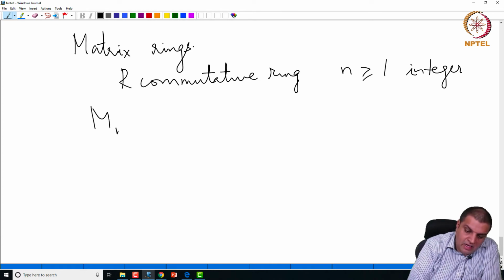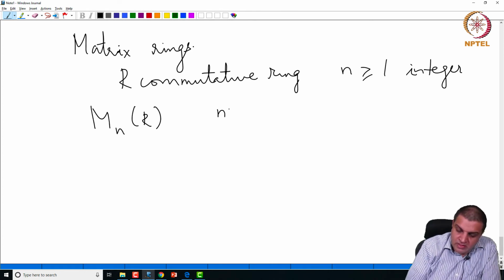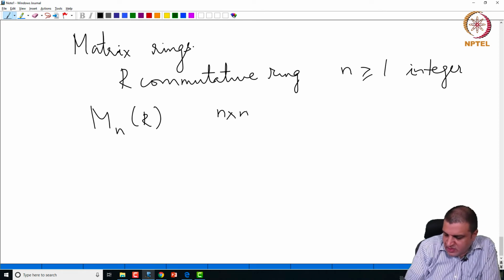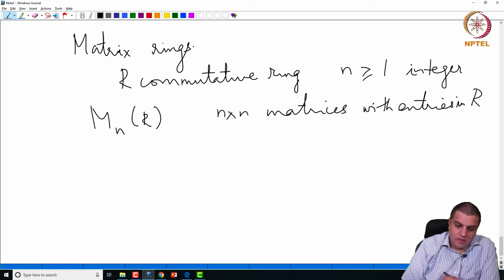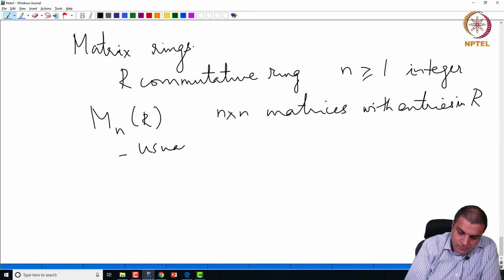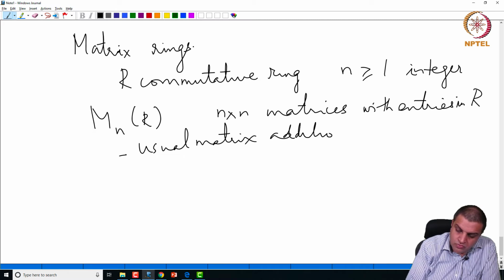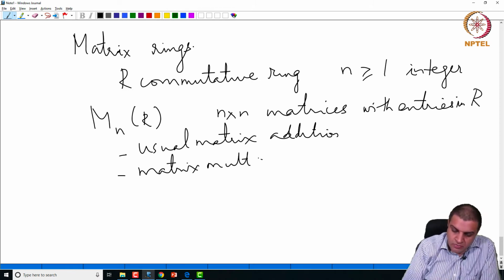By M_n(R), we denote the set of n by n matrices with entries in R, with the usual matrix addition and matrix multiplication. With these two operations, it becomes a ring.